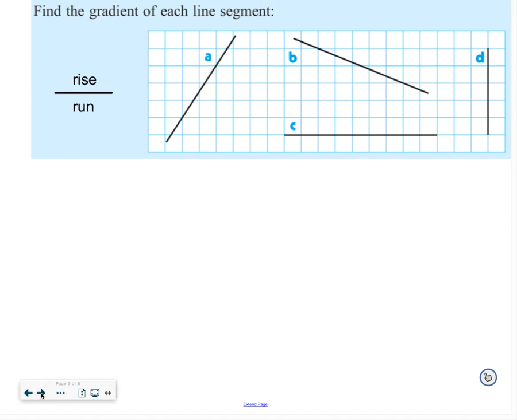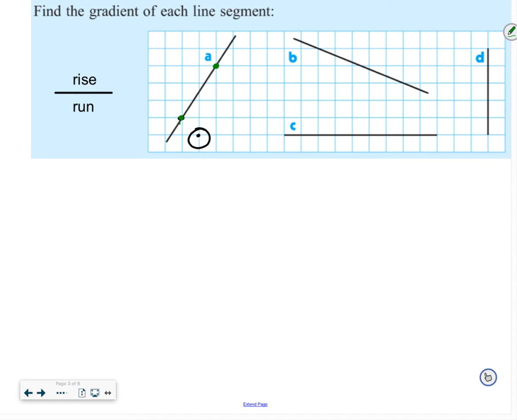Okay, so one way we should be able to find gradients is from a graph. When you're trying to find gradients on a graph, you want to look for lattice points, so you're looking for where the line passes directly through a lattice point. So here, I'm identifying this as a lattice point, and I'm also looking until I get up here and notice that this is a lattice point as well.